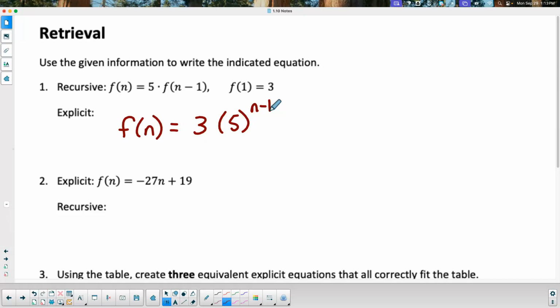Like this game. What do we know? The first term is negative 27. Does anybody agree with the first term being negative 27?